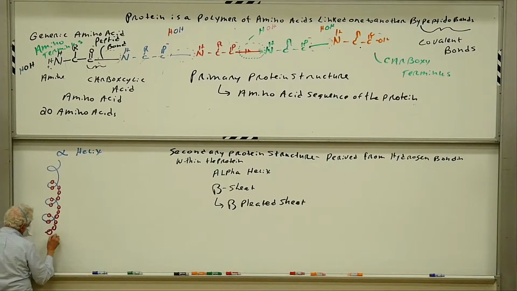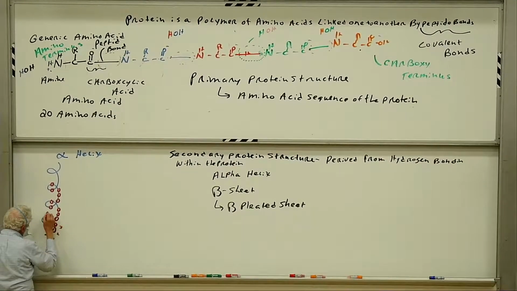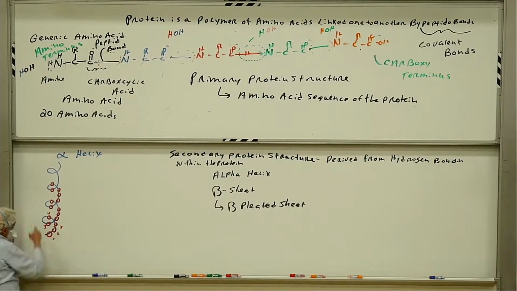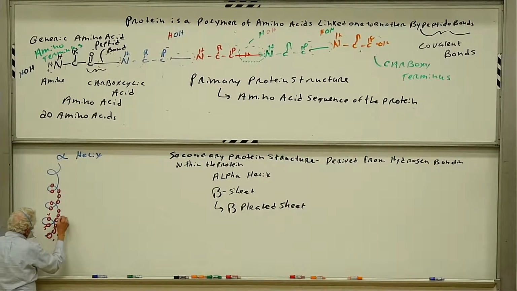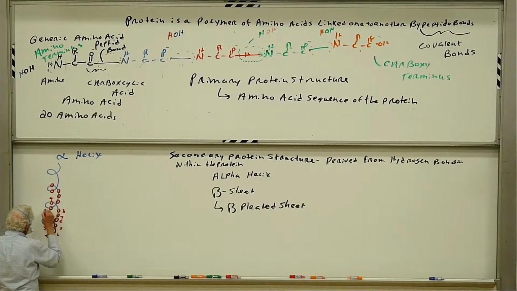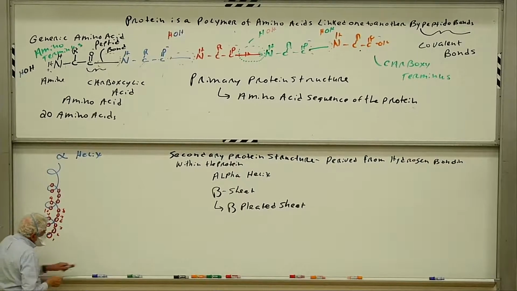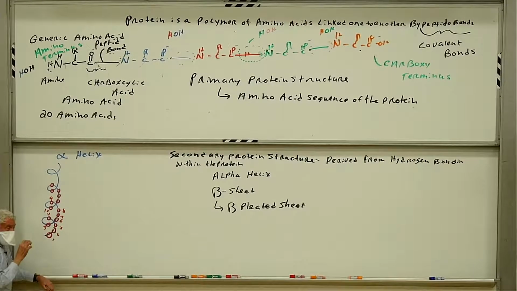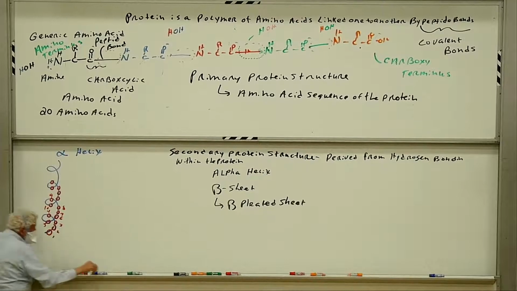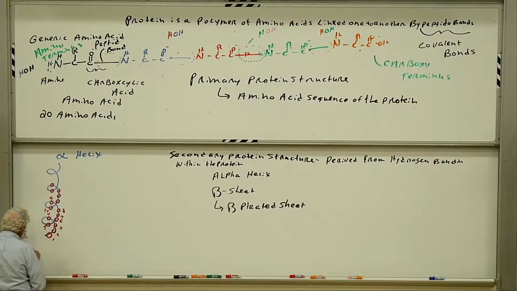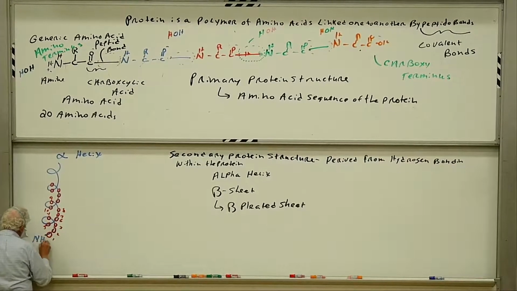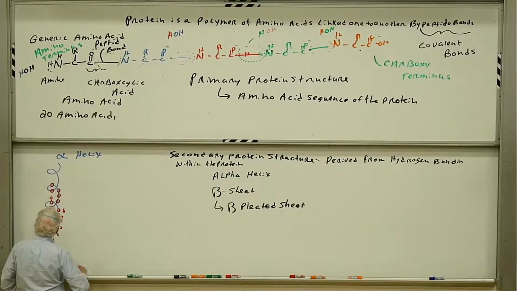And we can number them: 1, 2, 3, 4, and 5. And this will be 6, 7, 8, 9, and 10. We can put its amino terminus down here, and its carboxy terminus up here.